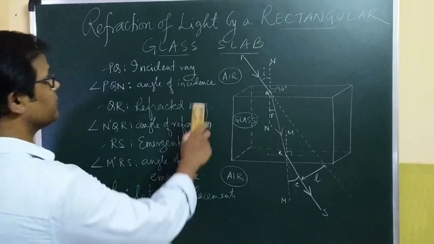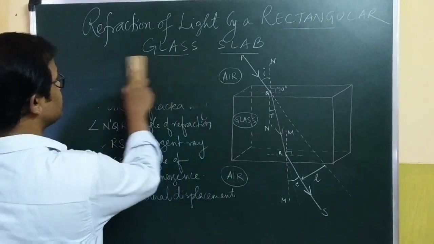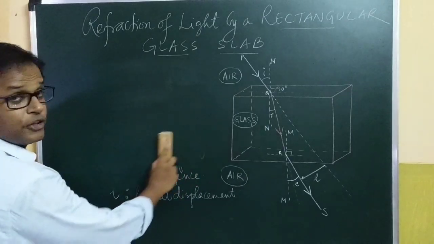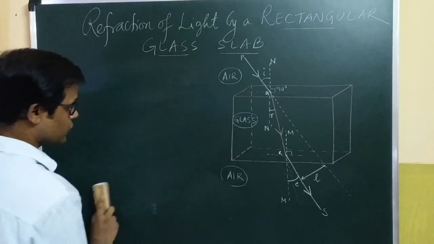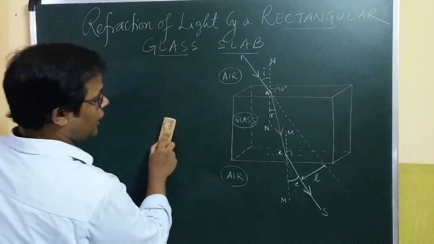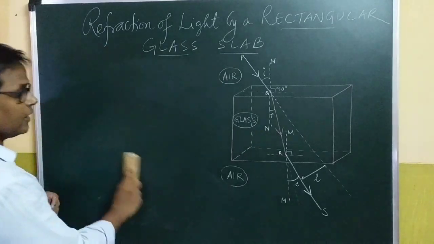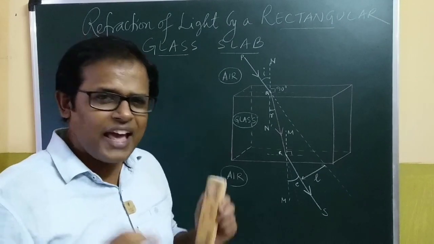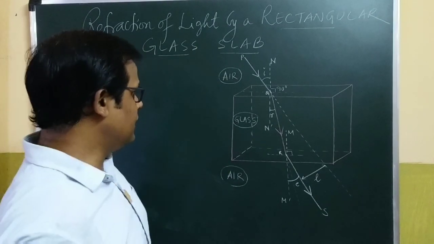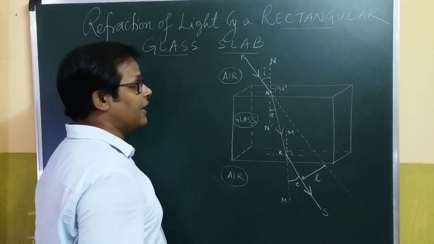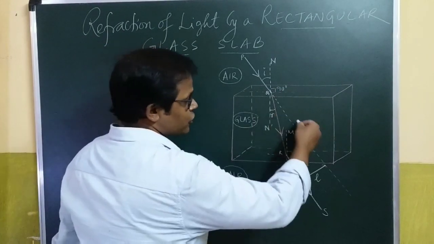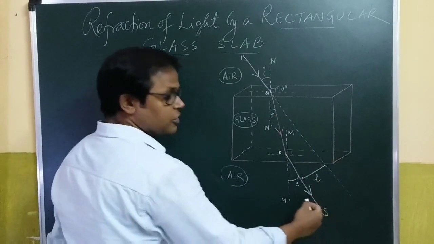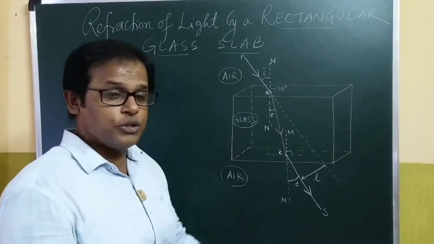Now in this diagram, my dear, let me rub off these names. I'm sure that you have noted it down. So after knowing the names of the angles and the rays, now let us proceed forward. What does this rectangular glass slab refraction actually teach us? In this device, you will see that the direction of the incident ray and the emergent ray comes out parallel to each other.